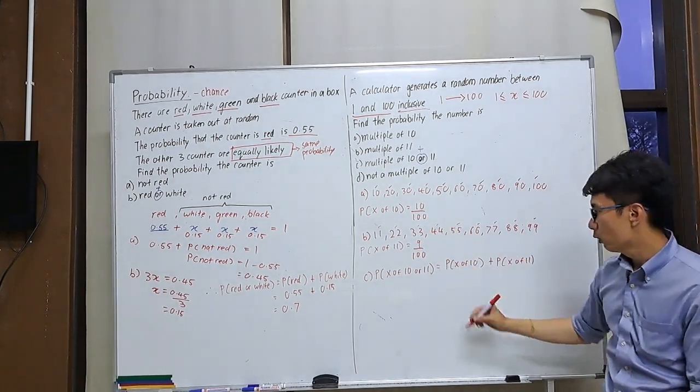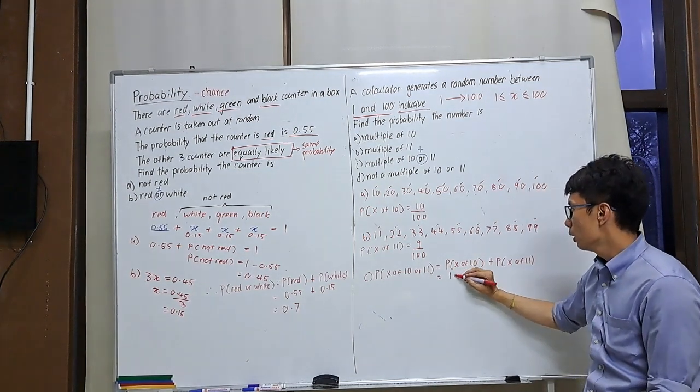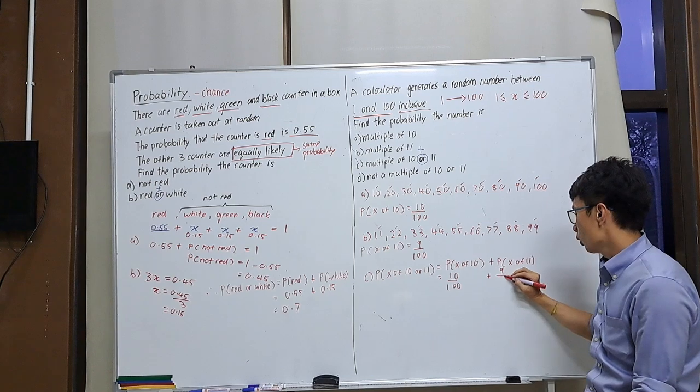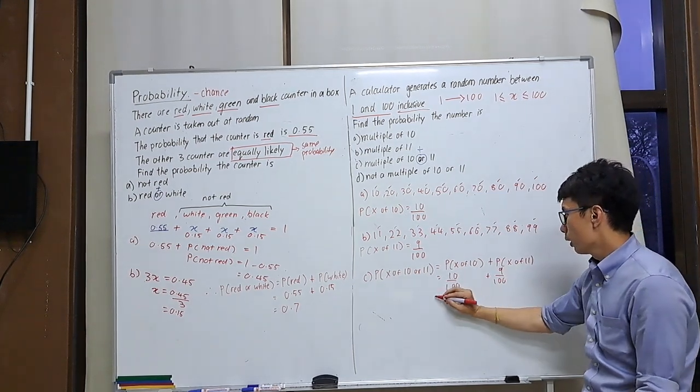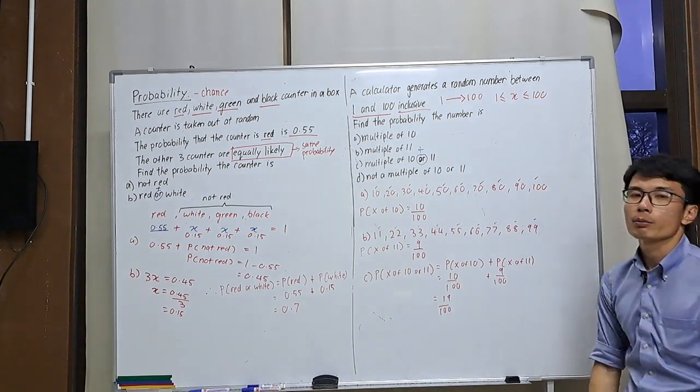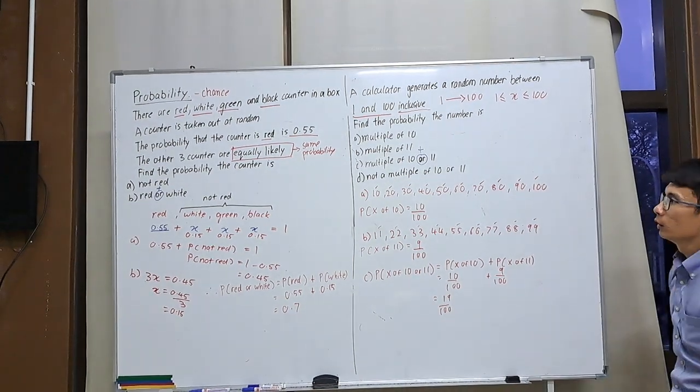We already found all the probabilities. So this is 10 over 100 plus 9 over 100, and that will give you 19 over 100. So that's my probability over here.